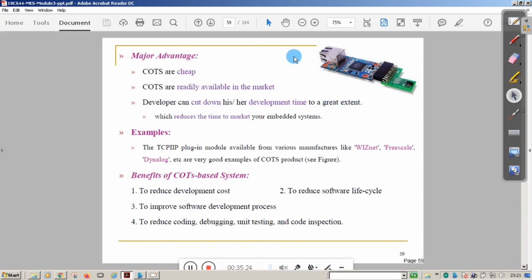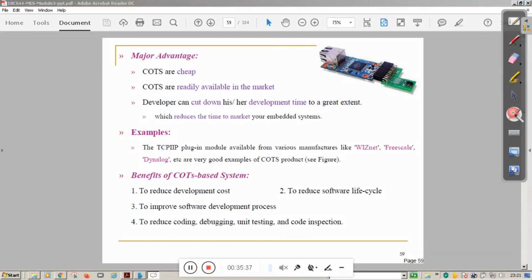So here I can connect my LAN signal through TCP/IP. Like this, COTS modules are easily integrated into the embedded system without any modification. COTS modules are cheap and readily available in the market. The developer can cut down his or her development time to a greater extent.